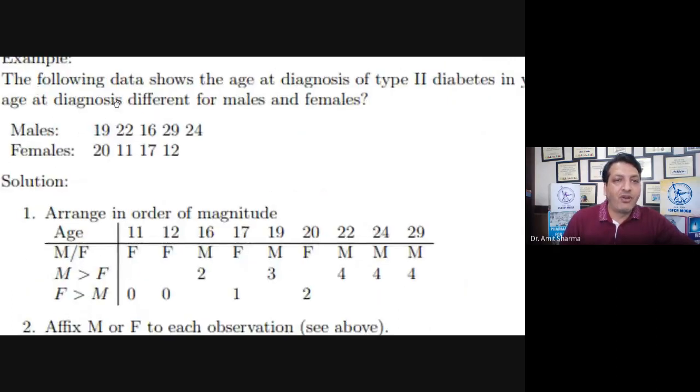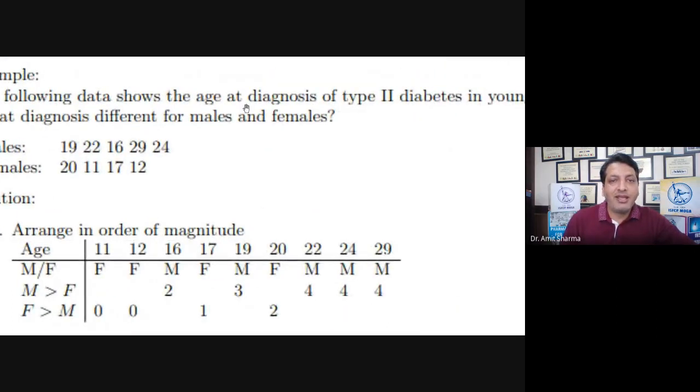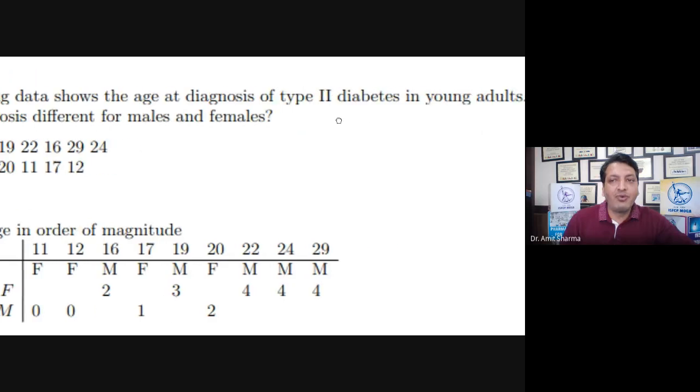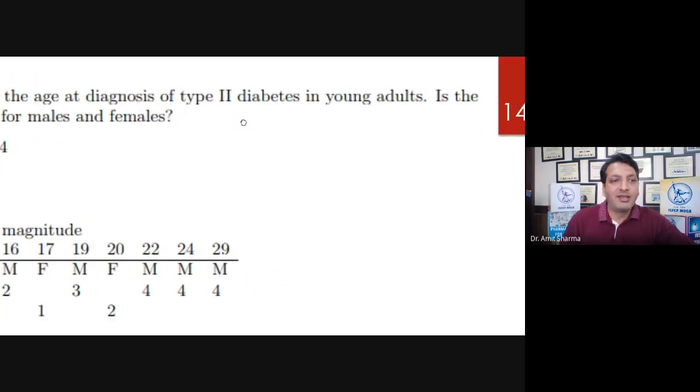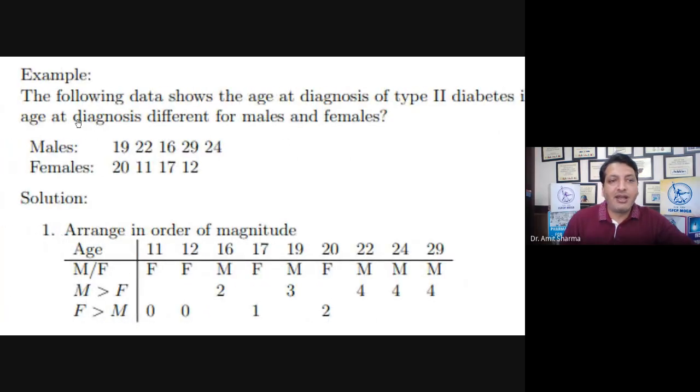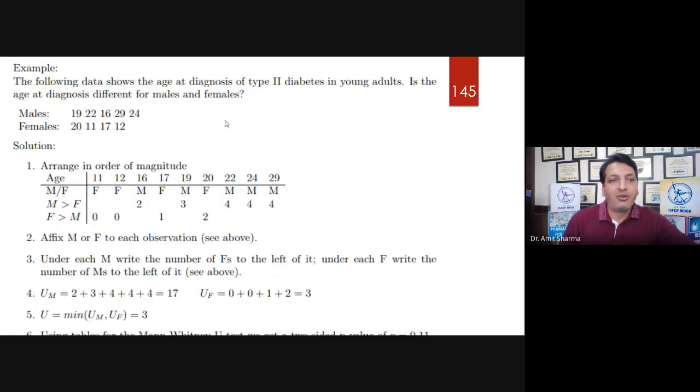You can see the following data shows the age at diagnosis of type 2 diabetes in young adults, whether it is different for male or female. For example, two different kinds of populations we have enrolled in the test. One is male and the second is female, with type 2 diabetes. Are the persons suffering from type 2 diabetes mellitus of the same age or of different ages? Clear?